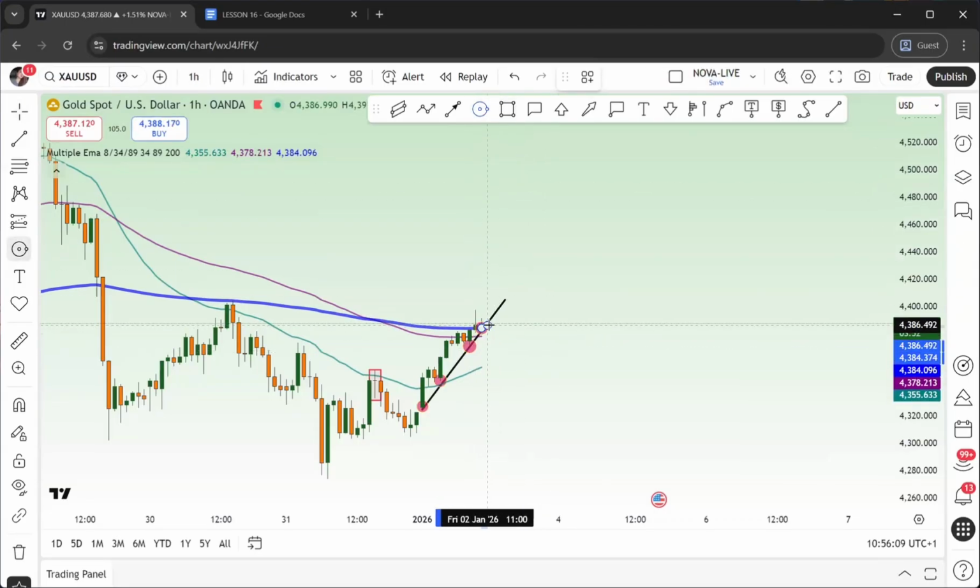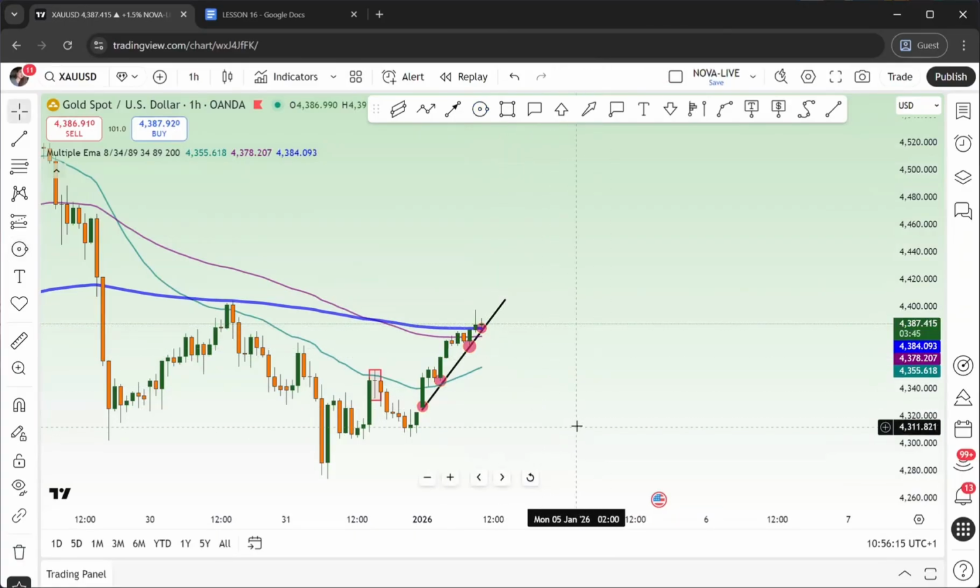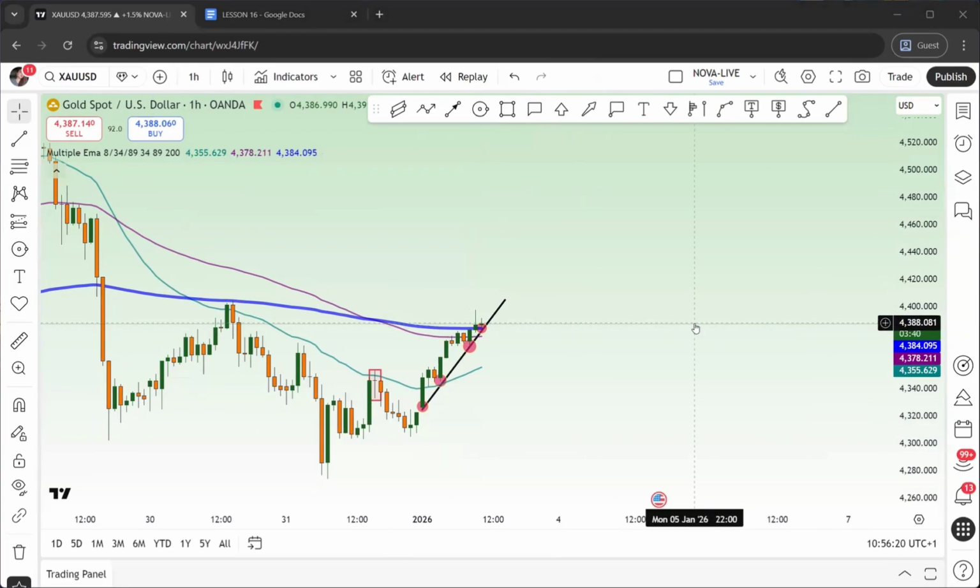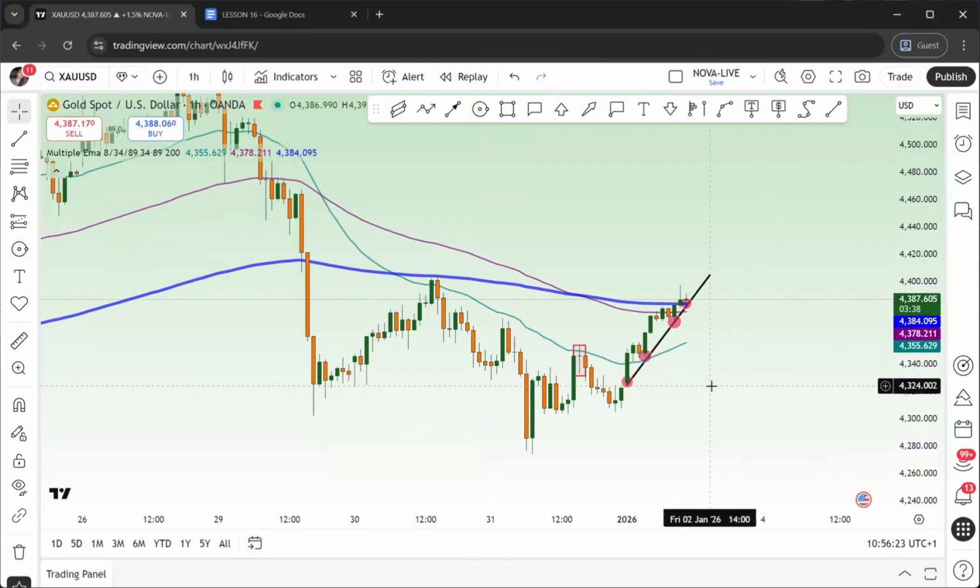And it also meets Bukowski's condition to identify a high accuracy trend line. And if the price does not bounce off, that line is very weak. It's about to break.